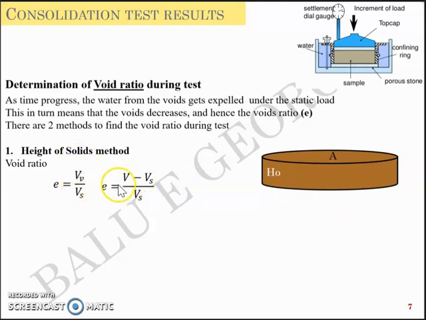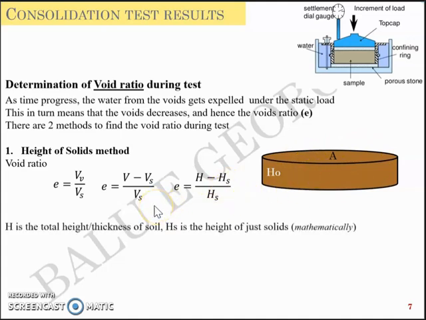When you take this particular sample, the volume is A multiplied by H. So I can replace volume as H and volume of solids as Hs. So e equals H minus Hs by Hs, because area remains the same. H being the total height or thickness of the soil, and Hs being the height of just the solids.